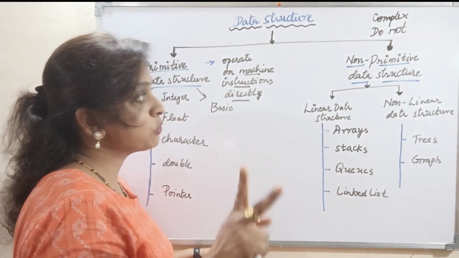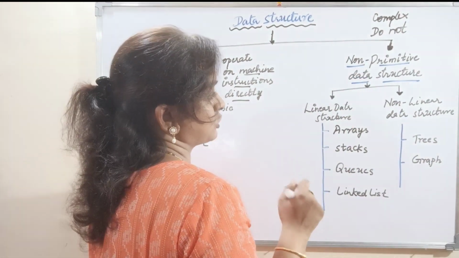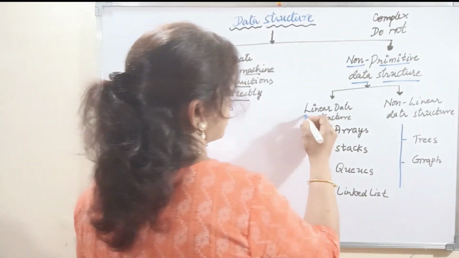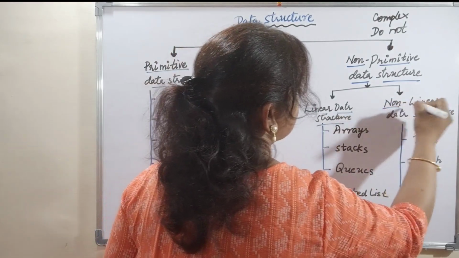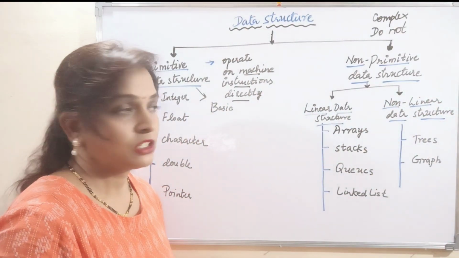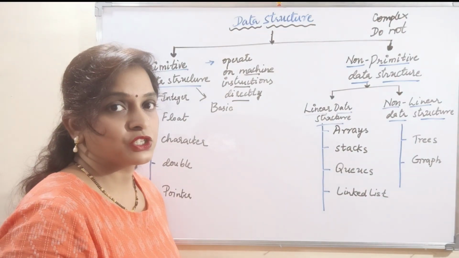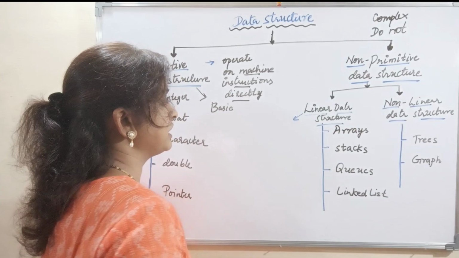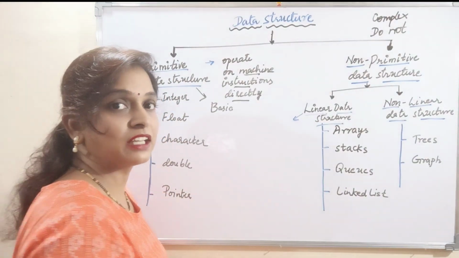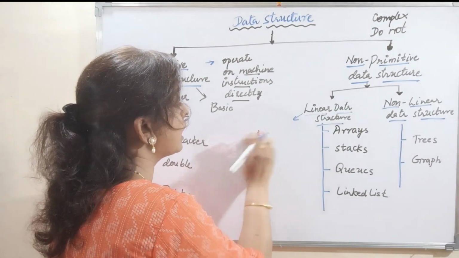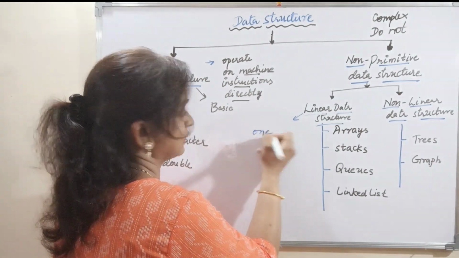Here come two types of non-primitive data structure. One is the linear data structure, the other one is the non-linear data structure. So what is linear and non-linear? The name itself tells you: linear means we are going to store the data in a linear fashion, one after the other.